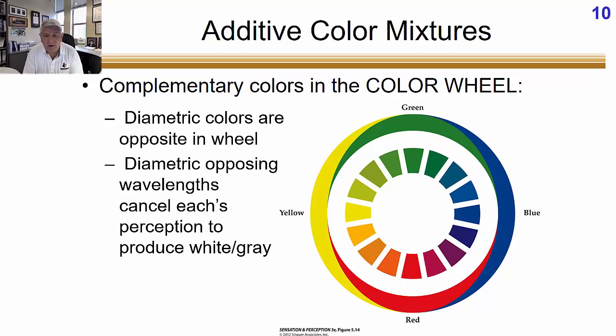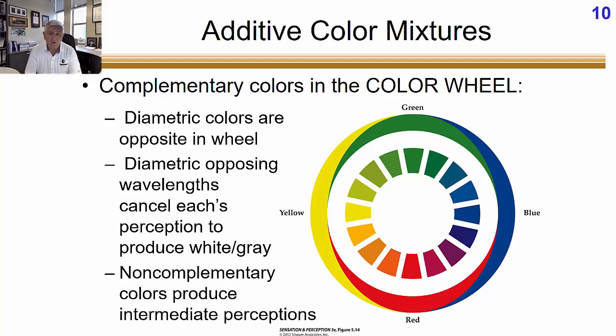But they cancel each other out. And so when you mix equal parts of yellow and blue or green and red, you get this desaturation and they cancel each other out. Non-complementary colors are going to produce intermediate perceptions. So if we look here at yellow and we look here at red, if we had equal amounts of yellow and red, we would get this intermediate orange color, right?